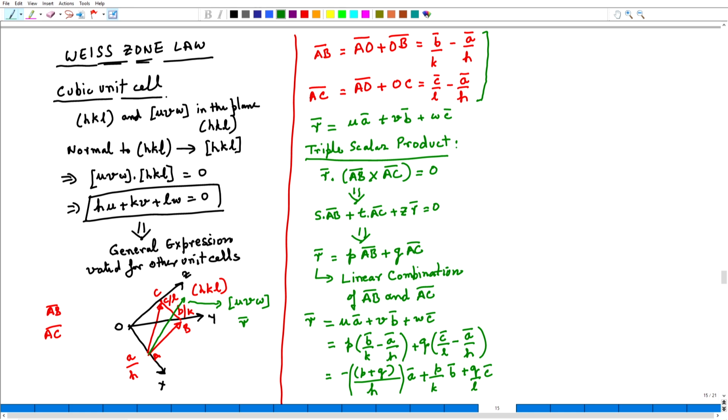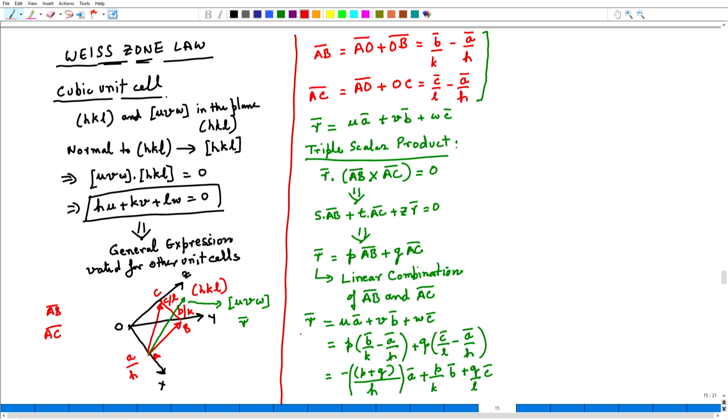Now, let us look at this. For the vector R, I have U A bar plus V B bar plus W C bar, which is equal to minus P plus Q upon H times A bar, P by K times B bar, Q by L times C bar, which implies the corresponding terms.